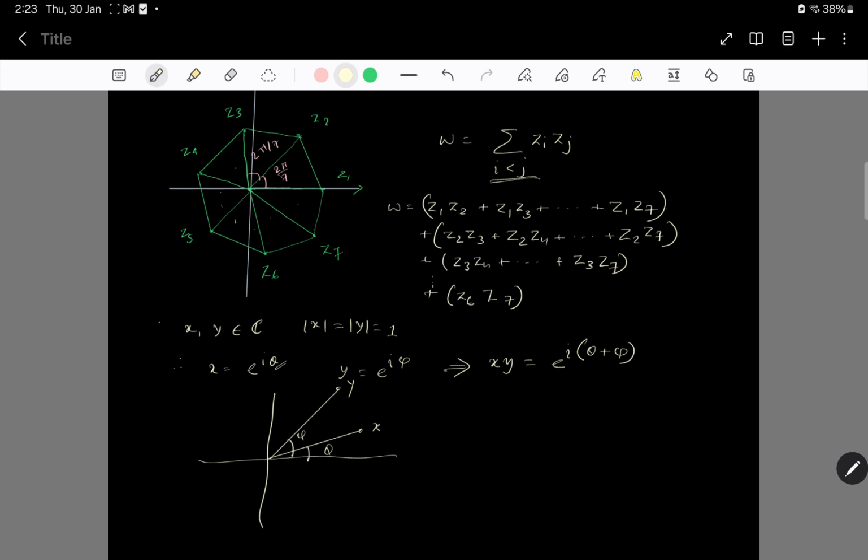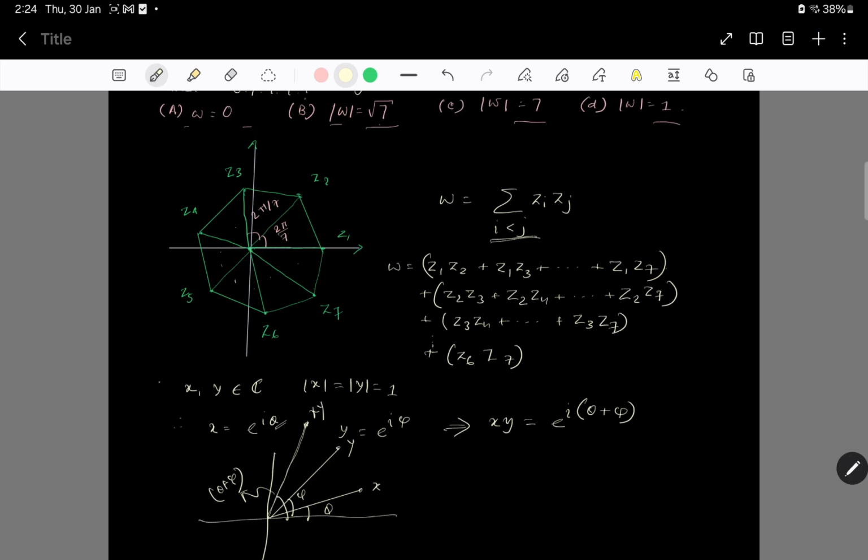So x multiplied with y would be somewhere here with the same magnitude, but the angle will be the sum of the two angles. This is how xy would look. They will just shift rotationally.